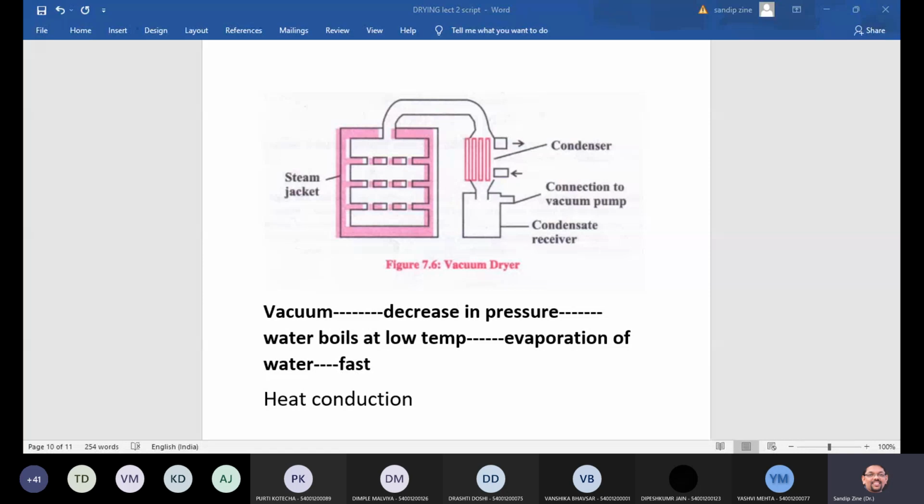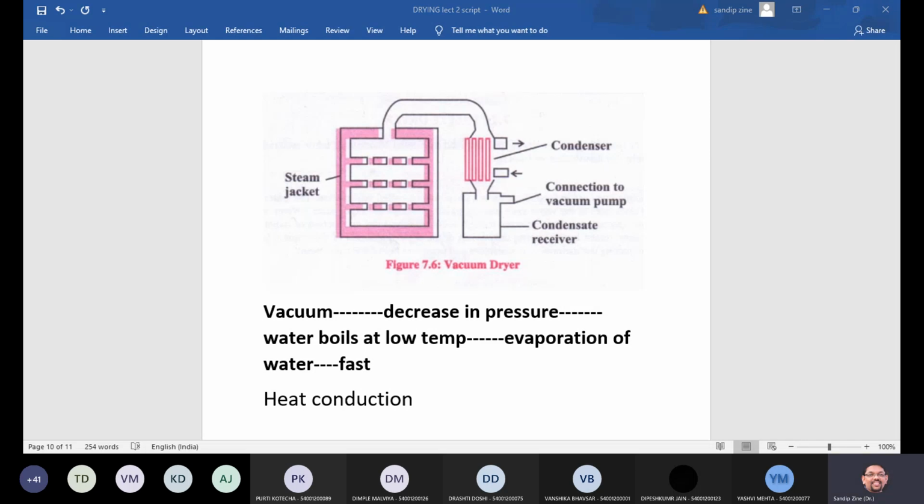So the oven is connected through a condenser and liquid receiver to a vacuum pump. So the oven is nothing but this steam jacket that is connected to the condenser, then the connection to the vacuum pump is there, and the condensate receiver is there.